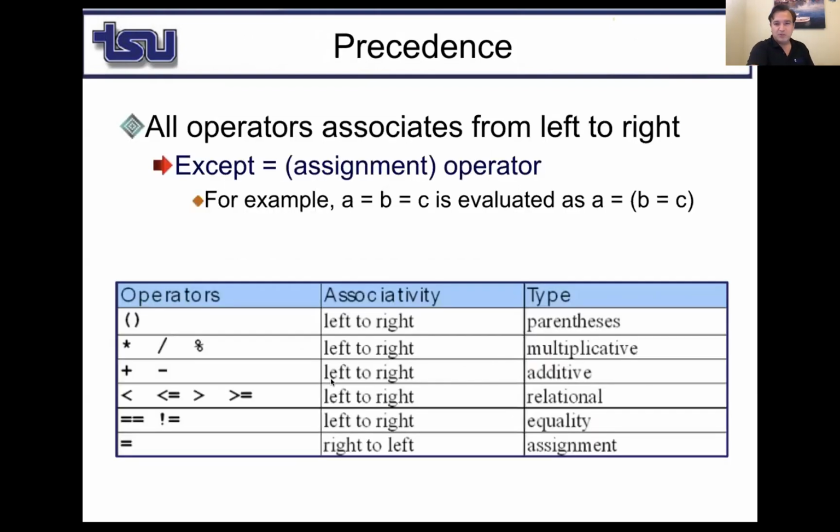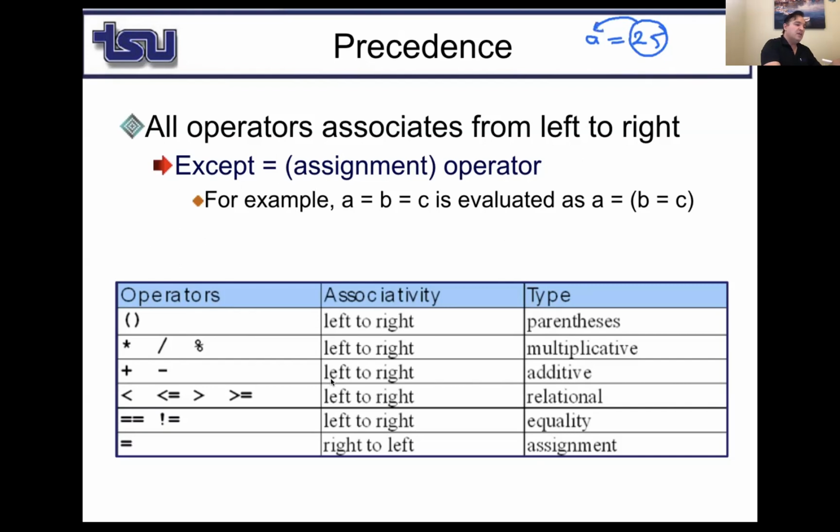Precedence, this is important. This may be a little confusing, but first of all, operators are associated from left to right, except the assignment operator. Okay? What does that mean? For example, when you have A is equal to 25, you start from the right and assign it to the left.